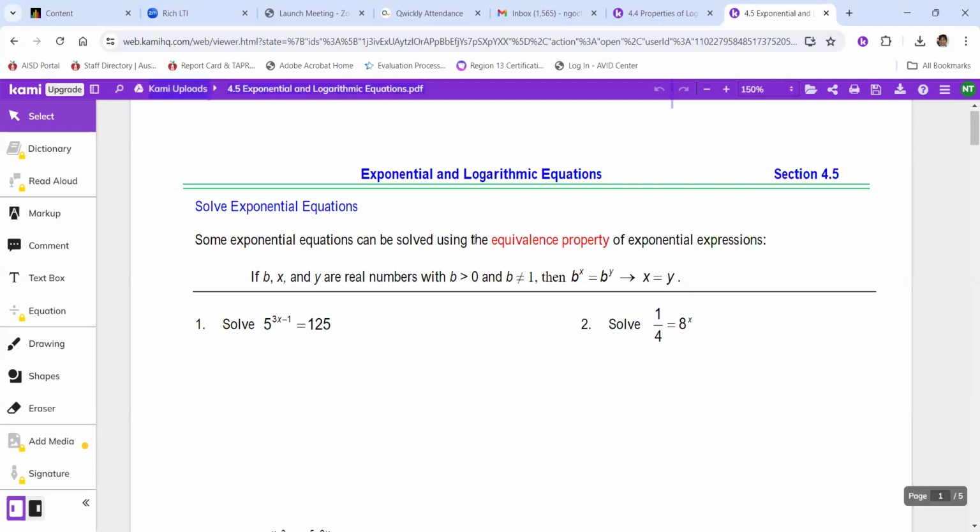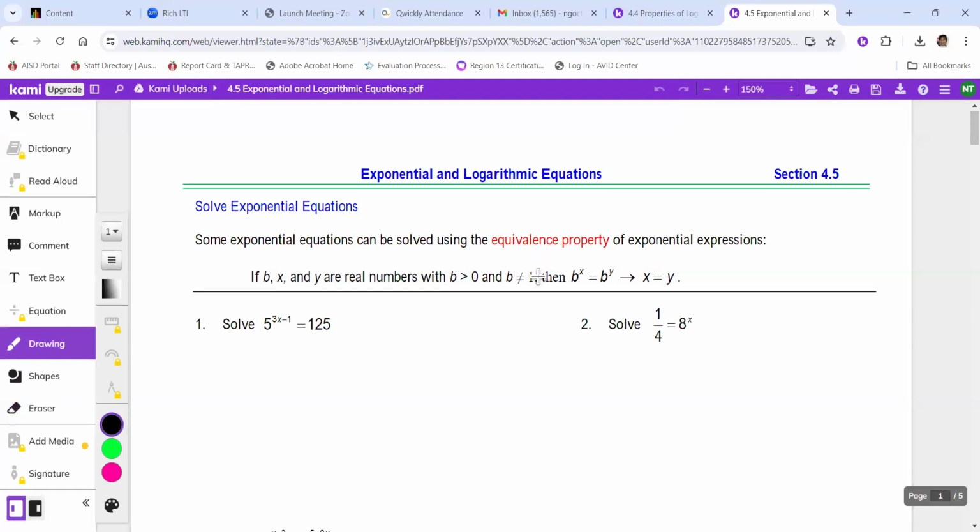Okay, so the first tool that we are using right here is that if we are given an exponential equation that has only one single term on the left and one single term on the right, and they both have the same base, then we can conclude that the exponents will be the same, and that is the way to solve.